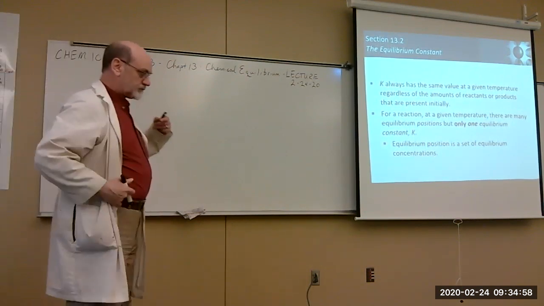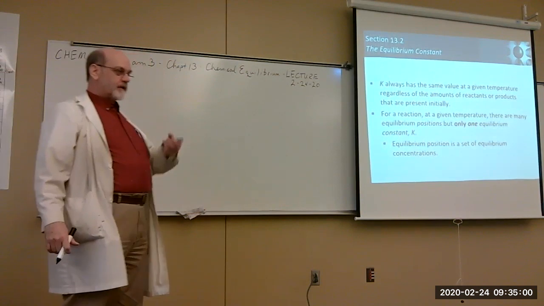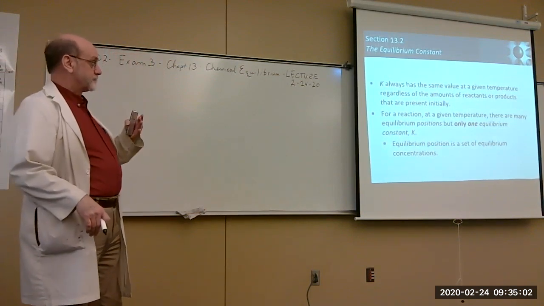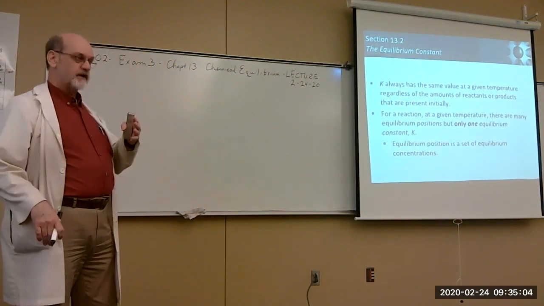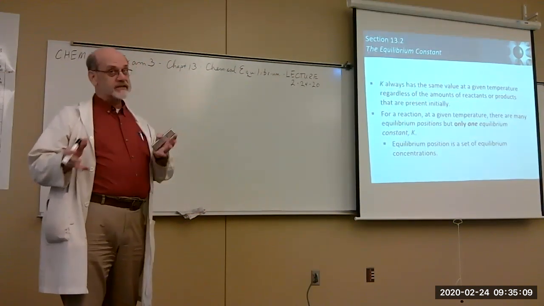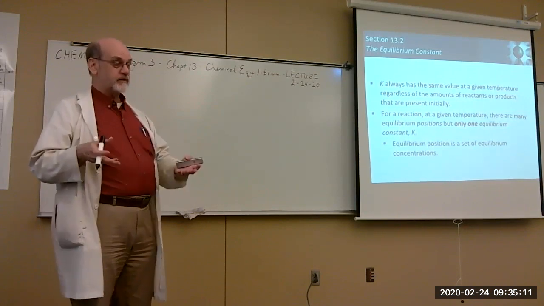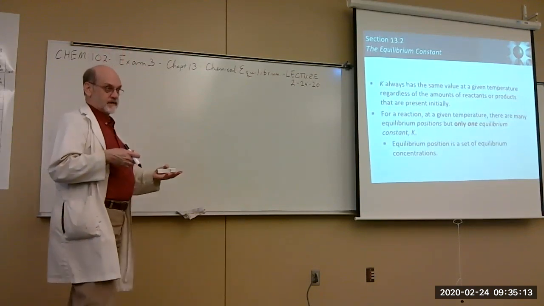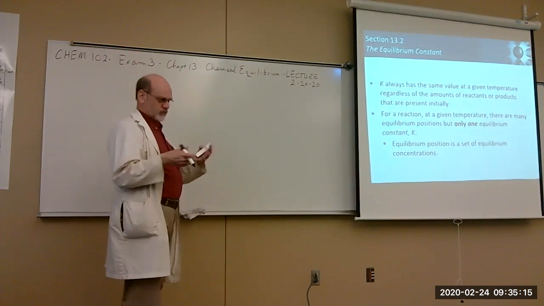So, also, if we hold the temperature constant, then the K is a constant always. The K will change if you change the temperature. What are you doing to the rates of reaction? You're speeding them up usually.